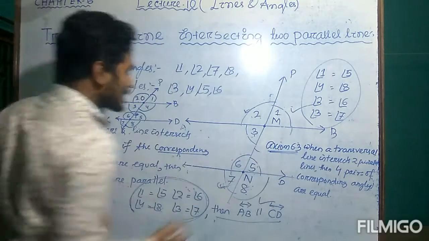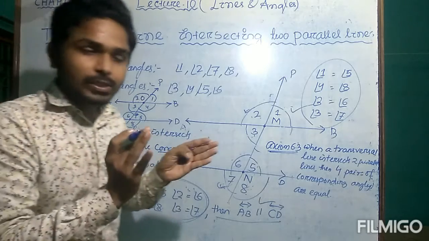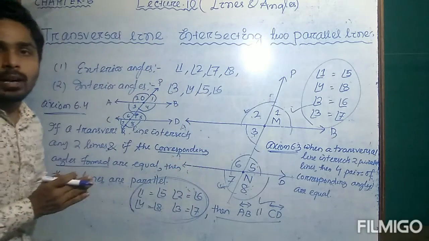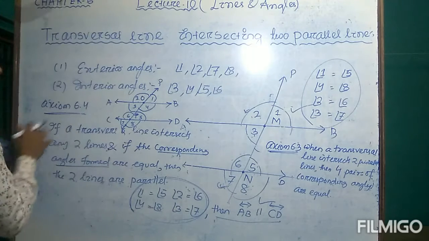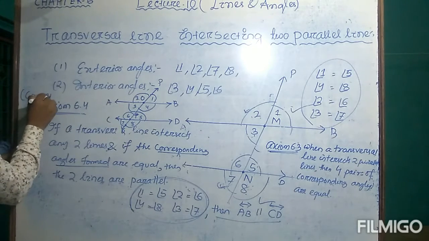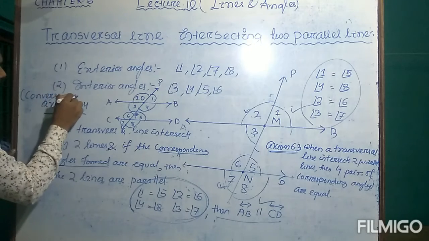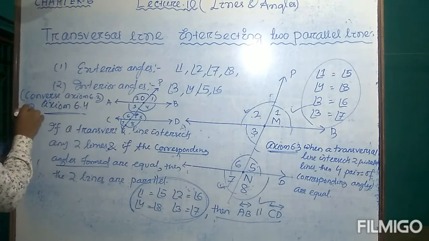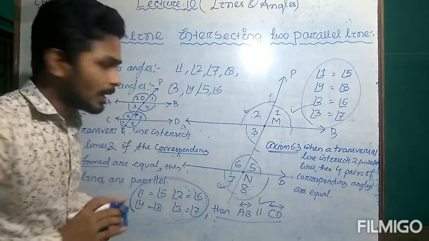So both axiom 6.3 and 6.4 are just opposite to each other. So they are known as converse axioms. Okay. So axiom number 6.4 is also known as converse axiom 6.3 or axiom 6.4. Understood?